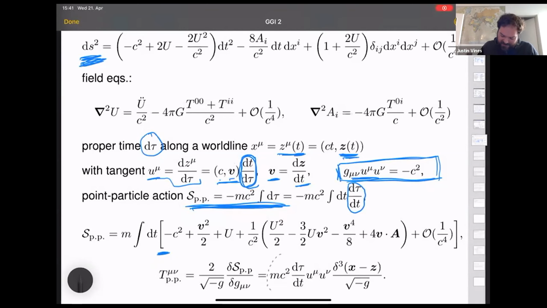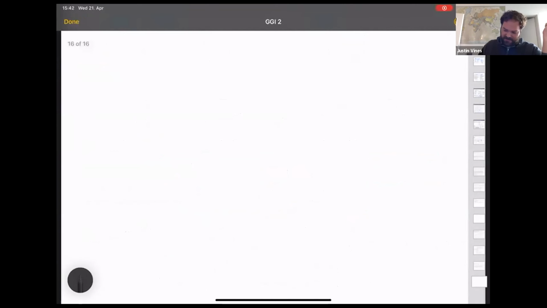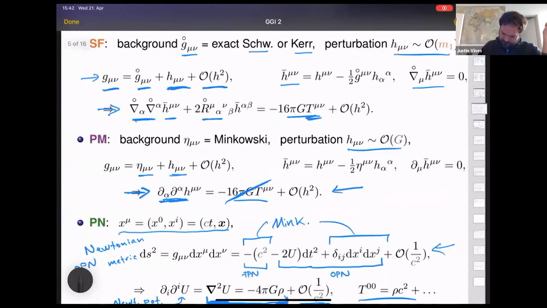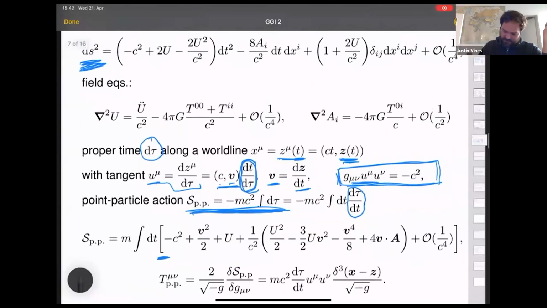So it's often written in a 4-dimensional way as an integral over the proper time of a 4-dimensional delta function, but here I've already done that integral using coordinate time, and you see that the effective stress energy source for a point particle is essentially just given by its mass times 2 copies of its 4-velocity, and then a delta function in space along this trajectory, z of tau.